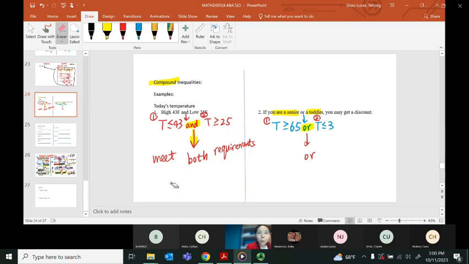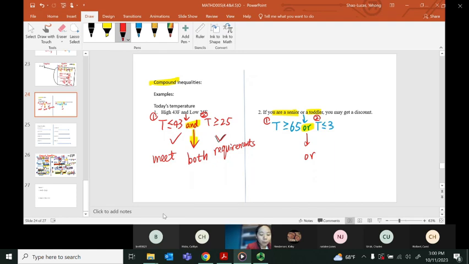Or you may have 44, and that's not going to happen either, because 44 doesn't meet the first one. 44 is not less than 43, though it is greater than 25. But 42 will work, because it is less than 43 and it is greater than 25. So you have to have two check marks.